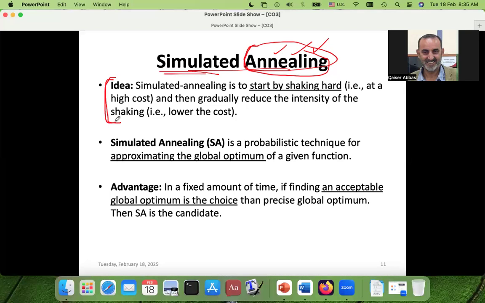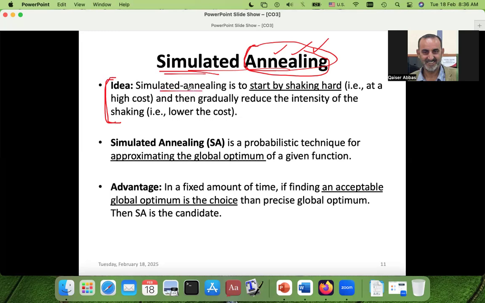Initially you were pressing hard so that your rings would go up and stack on those two rods. And in between or in the last stage of that game, you do not put too much pressure. You are just playing sensitively with lower pressure. Simulated annealing has the same idea: initially you give high pressure, and then with the passage of time you lower the pressure, and finally you reach your optimal solution.